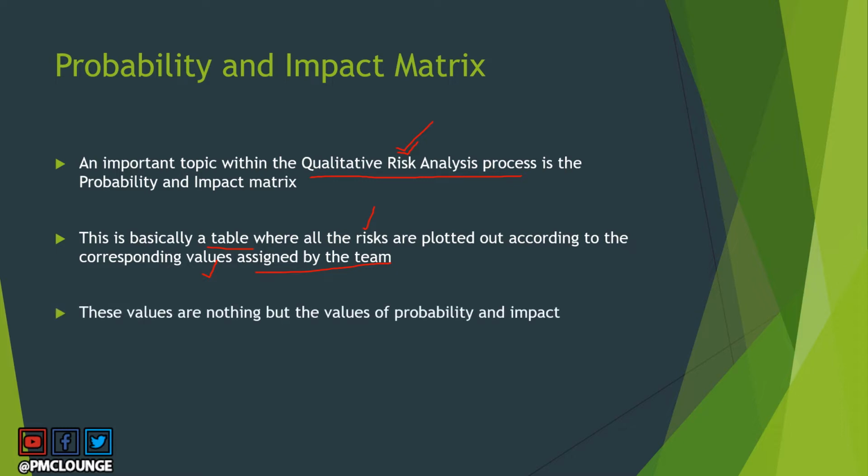Are you confused? These values are nothing but the values of probability and impact. So you can create a probability and impact matrix for your own project in three simple steps. Let's look at those three steps, and trust me, you will not have to read about this topic ever again.